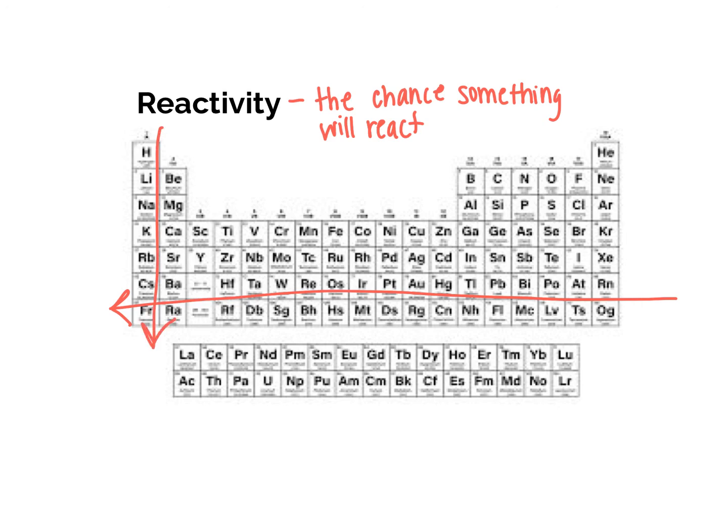Okay, so over here, this corner is the least reactive, and down here is the most reactive. So the closer you get on the periodic table to this corner here, the more reactive you are.